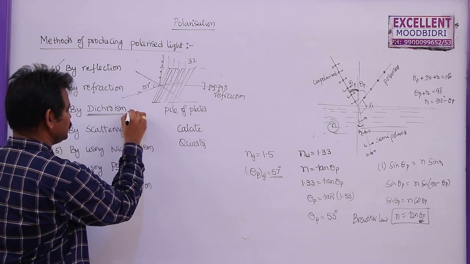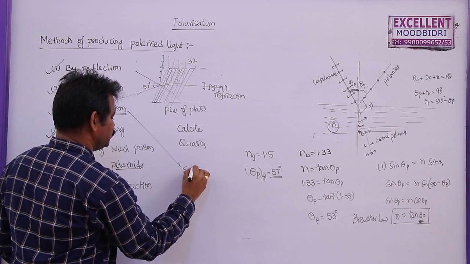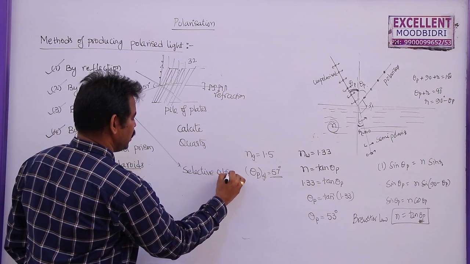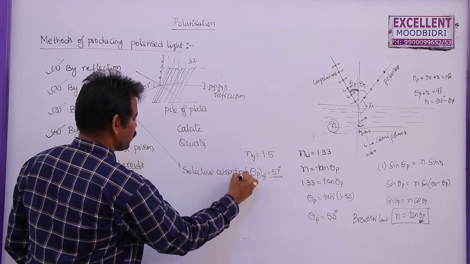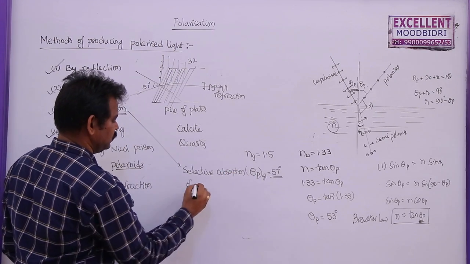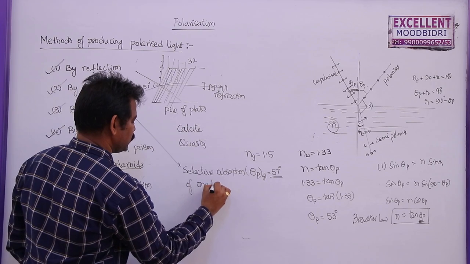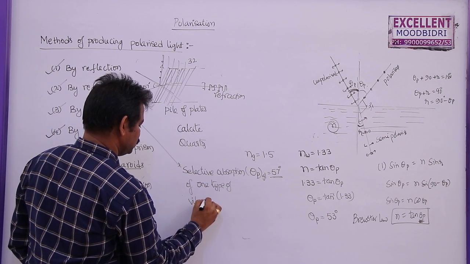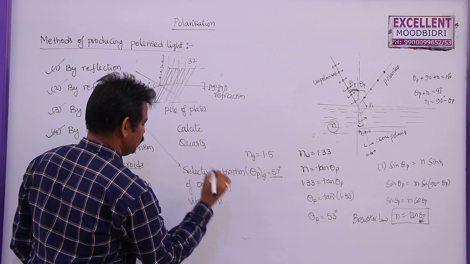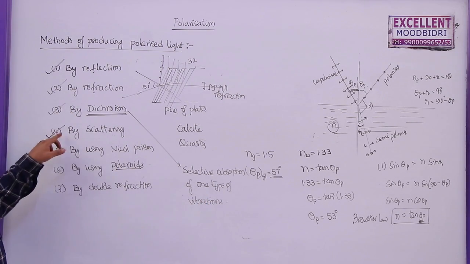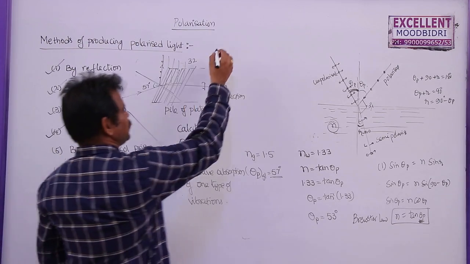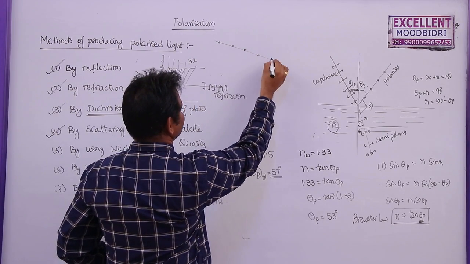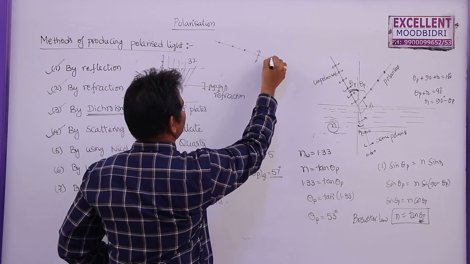So dichroism is selective absorption of one type of vibrations of light.